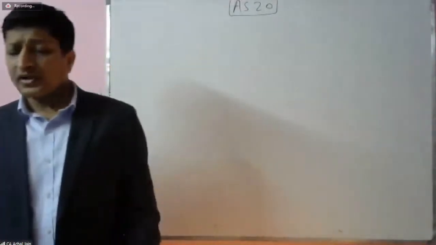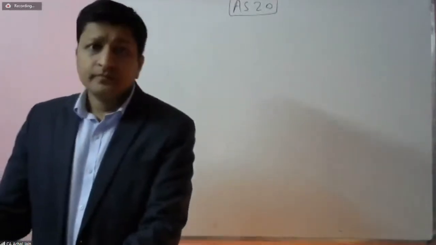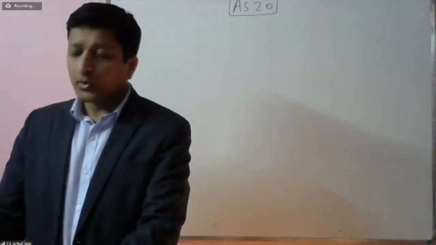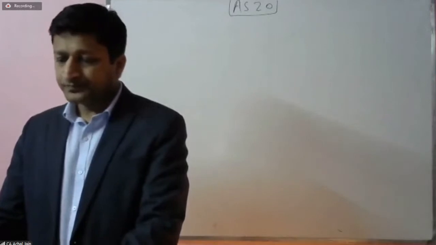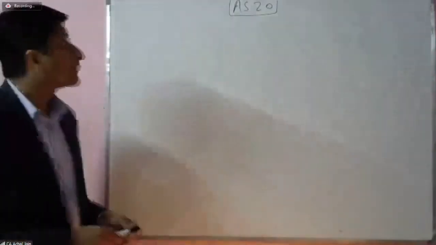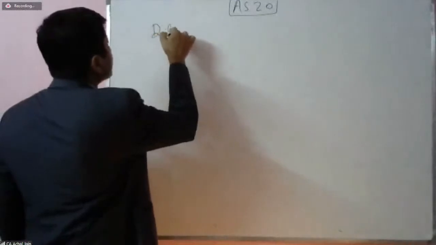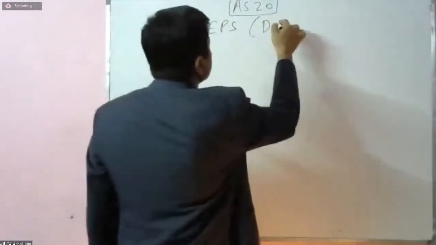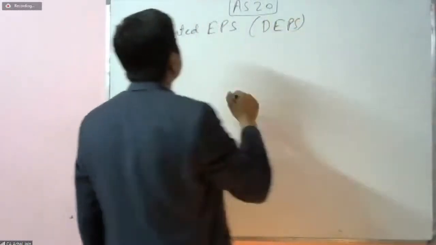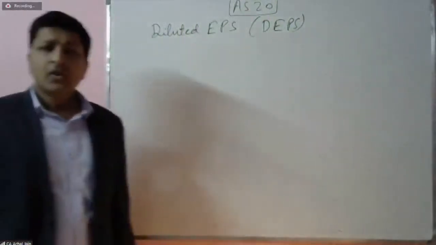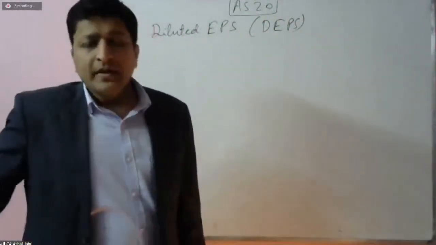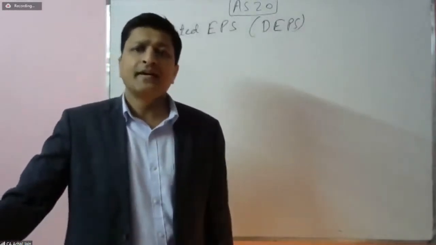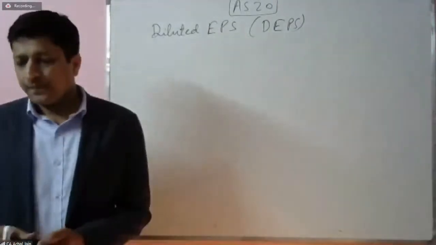Great. So we'll now move further on to the next part of the standard, which is about diluted earning per share. Diluted EPS, which is also called DEPS. So far, EPS that we had computed was called basic earning per share, BEPS.